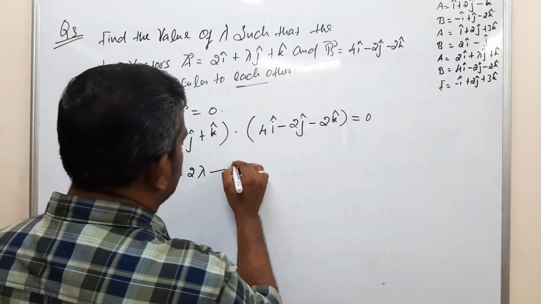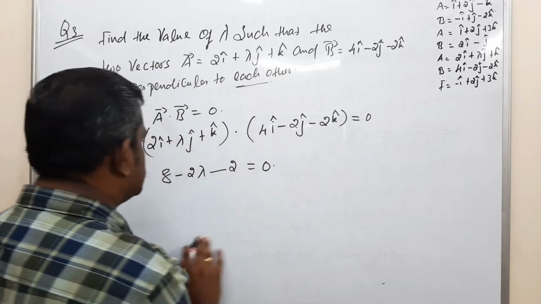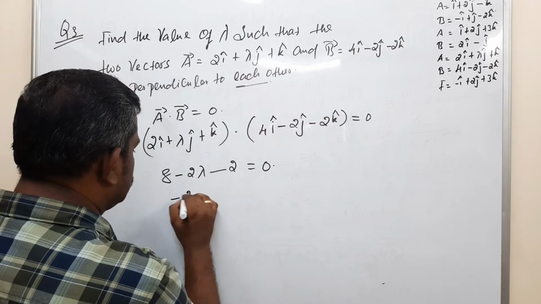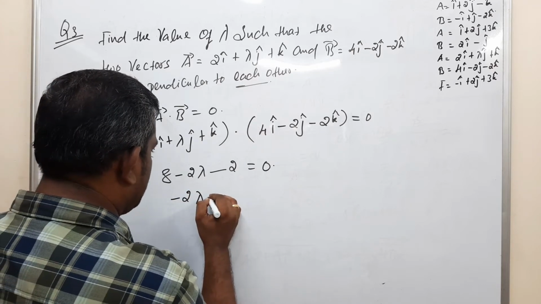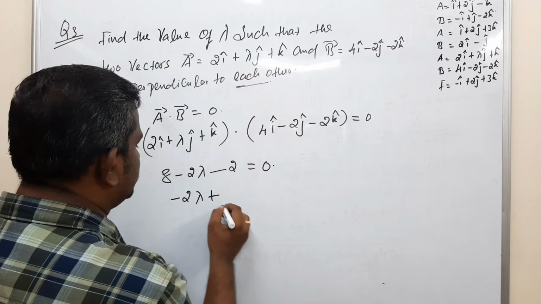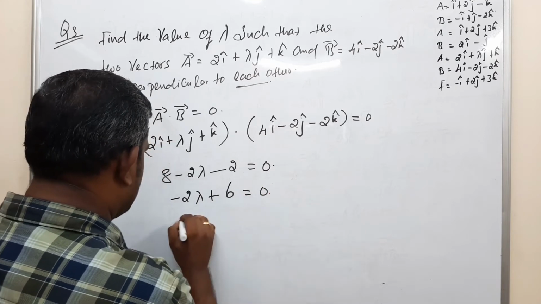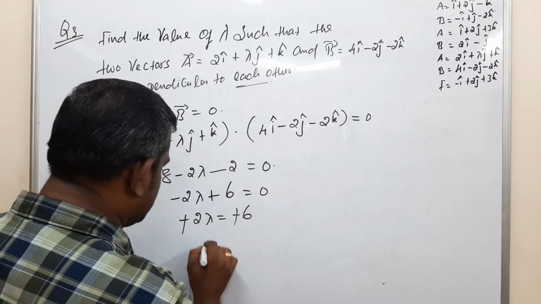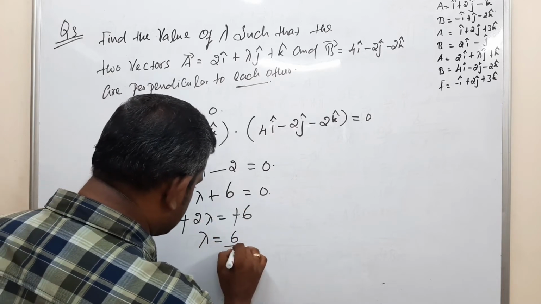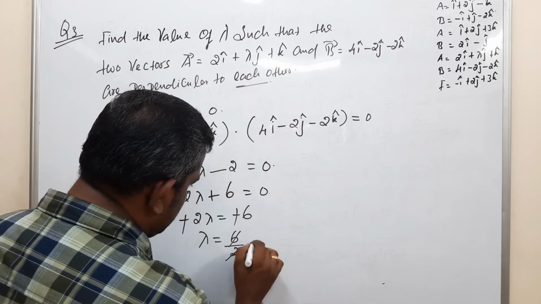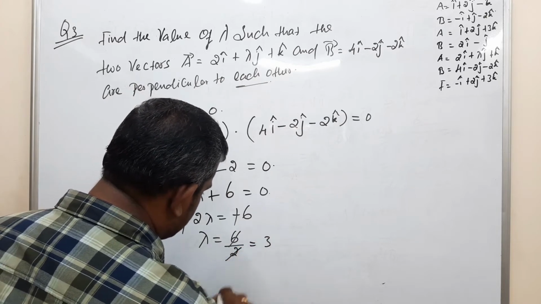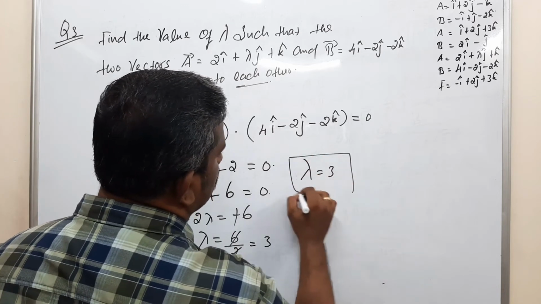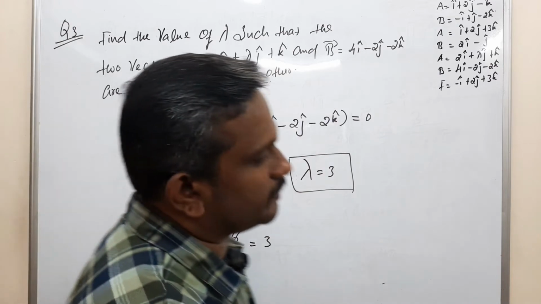Minus 2 into 1 is minus 2, equal to 0. So minus 2 lambda plus 8 minus 2, that is 6, equal to 0. Minus 2 lambda is equal to minus 6, minus minus cancel, lambda is equal to 6 by 2, that is 3. So the value of lambda is 3.